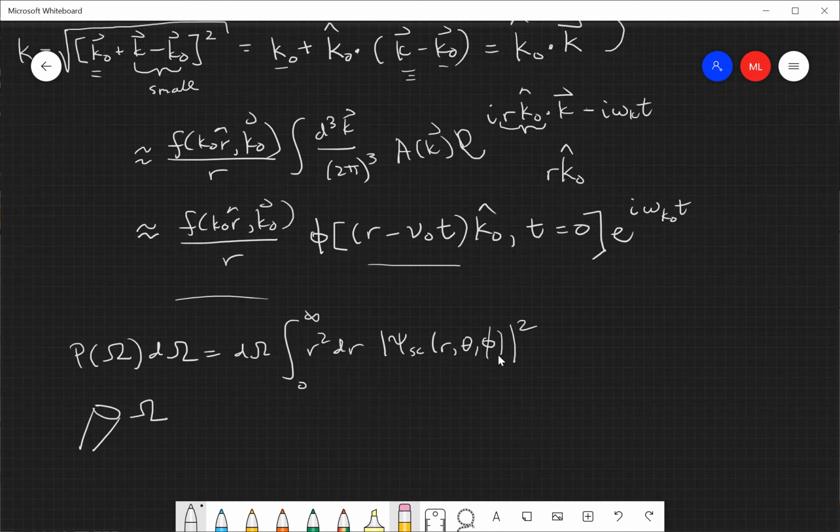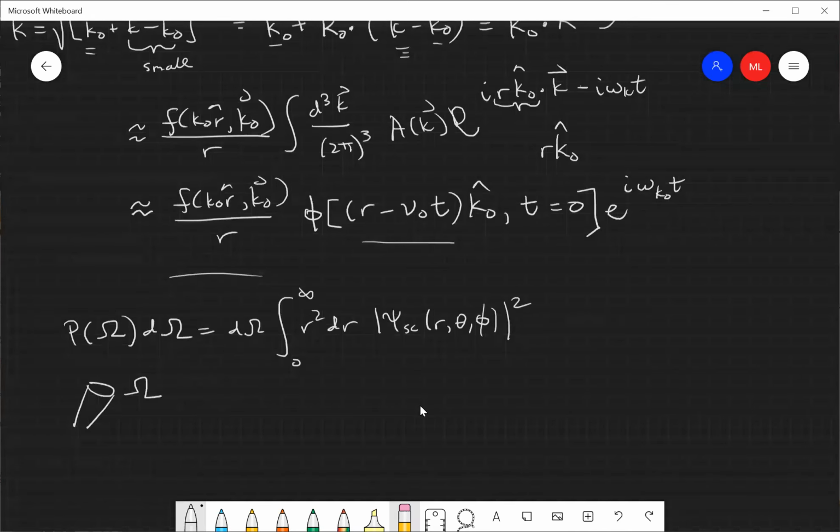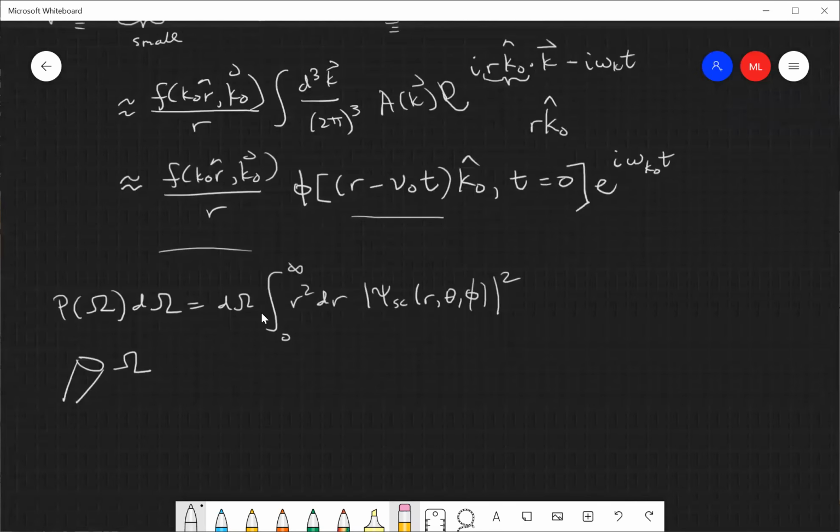In a solid angle, we know that integrating the magnitude of the wave function squared is going to give us the probability for a fixed solid angle or fixed angle. We'd want to integrate over the radial direction to get the probability. So if we do that, it's pretty straightforward.